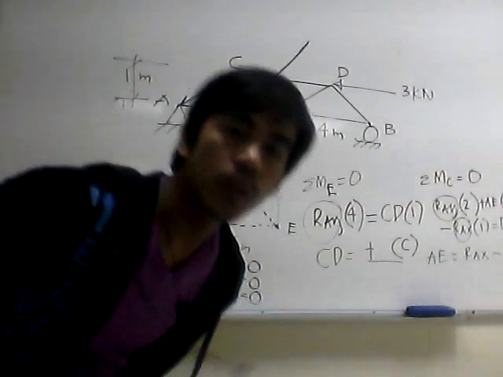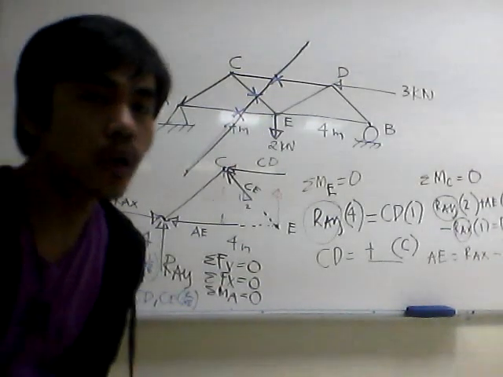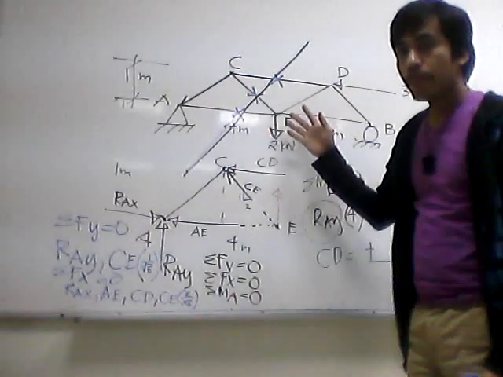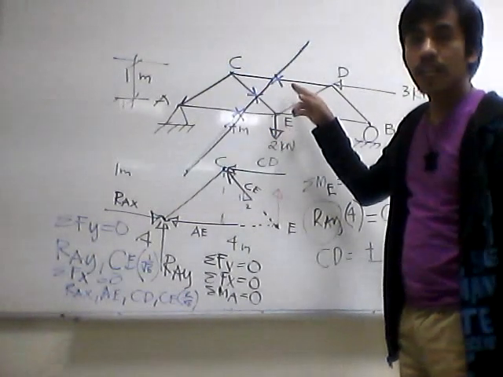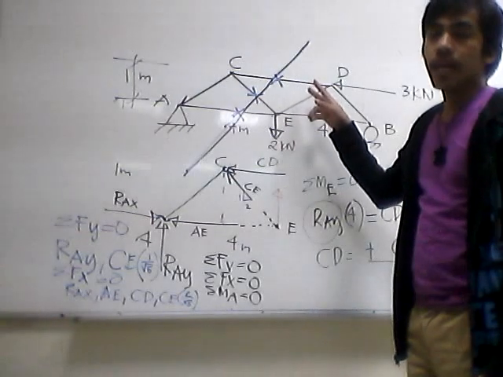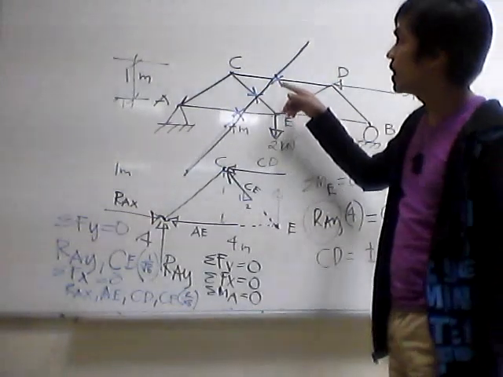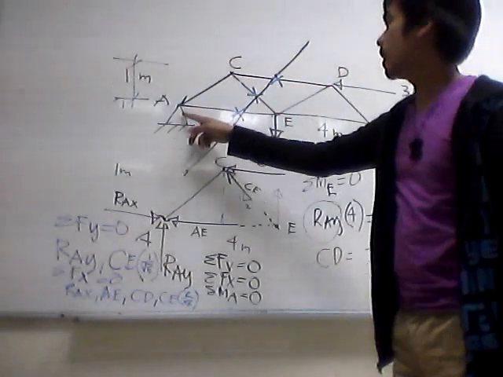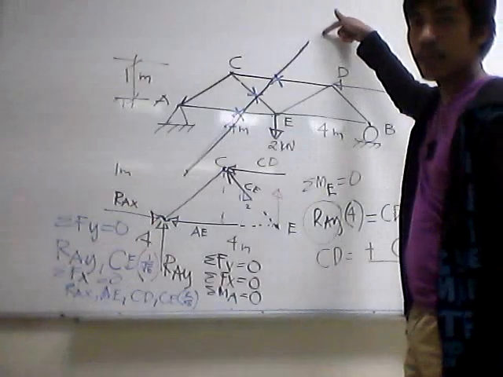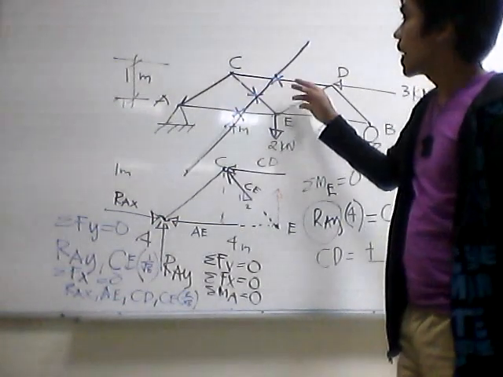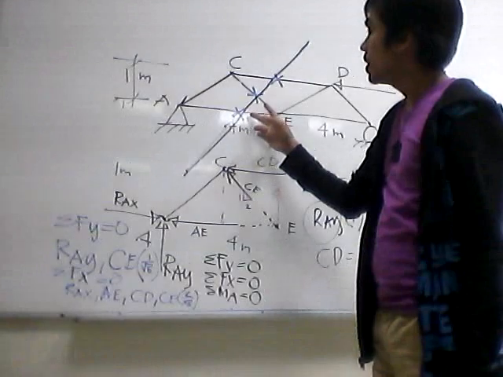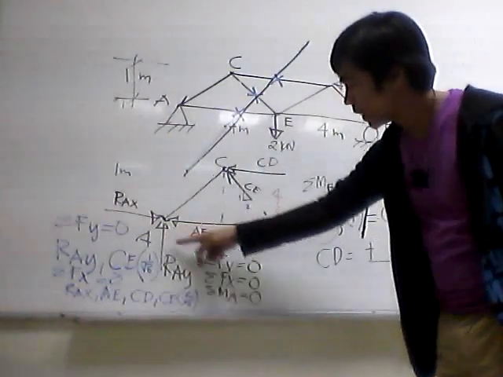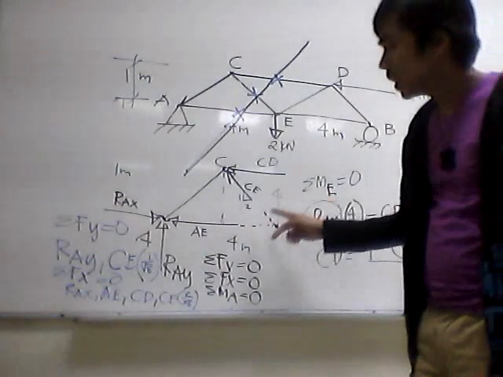So, that is the outline of the method of sections. Again, we use the method of sections if only specified members will be determined. In this case, we are required to solve for the member forces CD, CE, and AE. We pass an imaginary plane cutting through these members, then consider the left portion, drawing the free body diagram of the left portion.